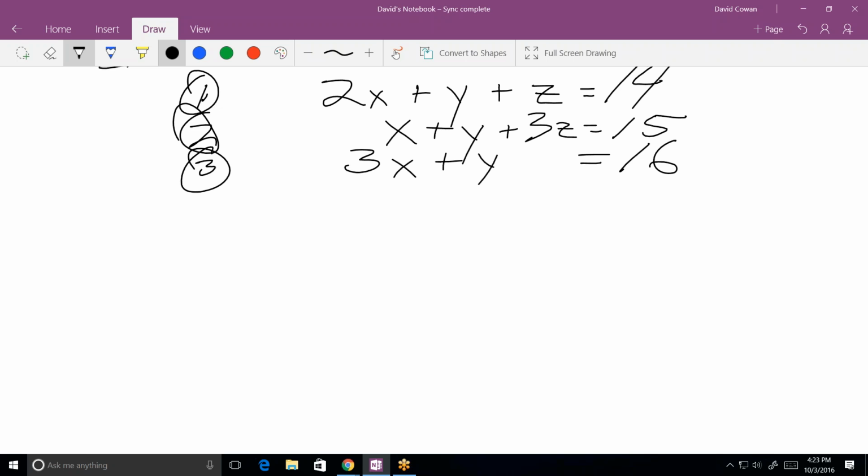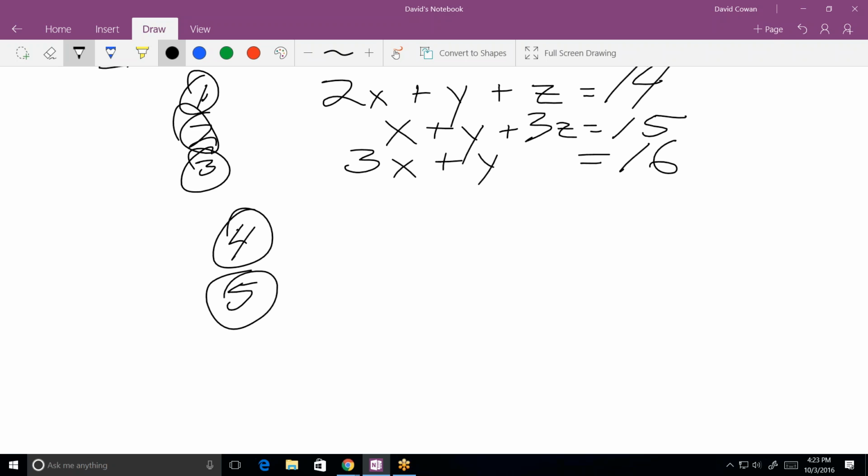Okay, which variable can I eliminate pretty easily? Probably y. Yeah. In fact, my goal is to come up with an equation 4 that has a variable eliminated, and then come up with an equation 5 that has the same variable eliminated.